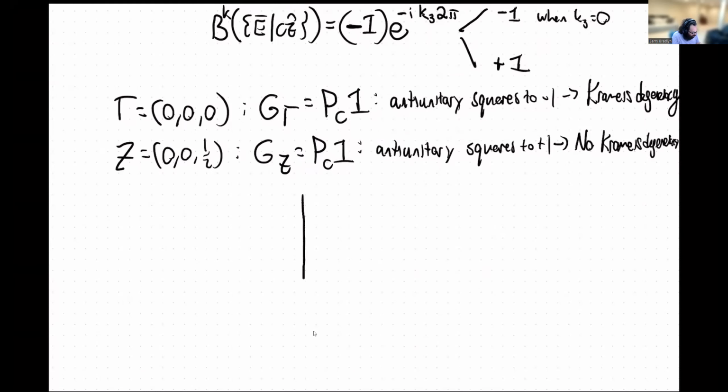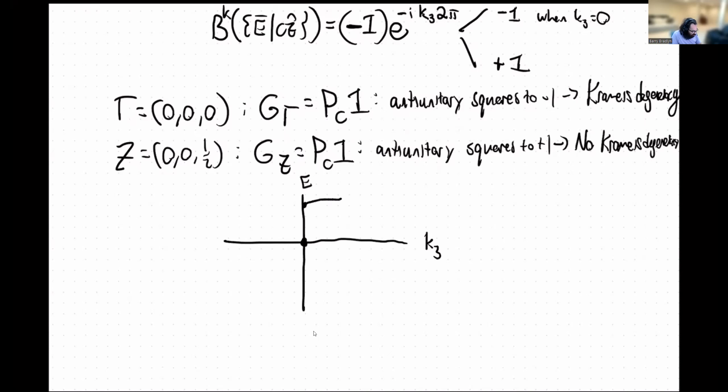So if I plot out what a band structure for a crystal with this magnetic space group symmetry would look like along the line that connects gamma and Z, at the gamma point all of my states have to come in twofold Kramers degenerate pairs because of my anti-unitary symmetry.